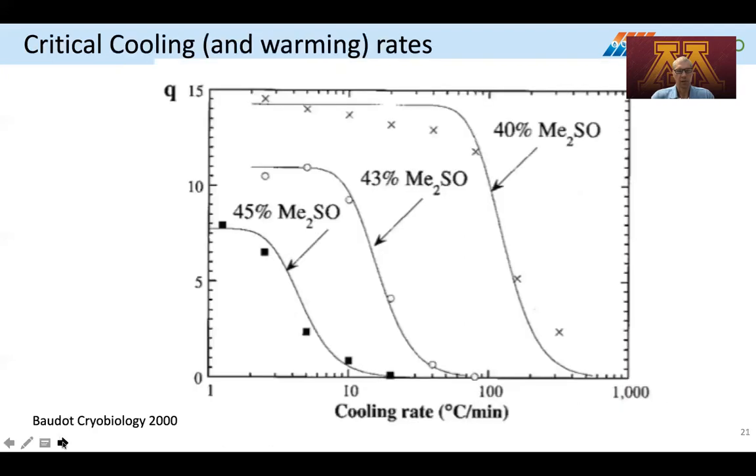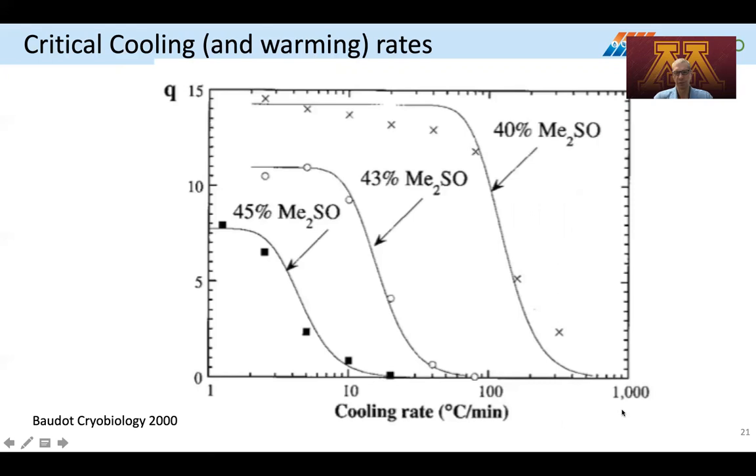A different way of looking at it is critical cooling and warming rates. And what you're looking at here is basically the use of DSC in these different solutions, and you're more and more concentrated as you go down, and you can see the rates that you're using to get to the point where you don't have crystallization.